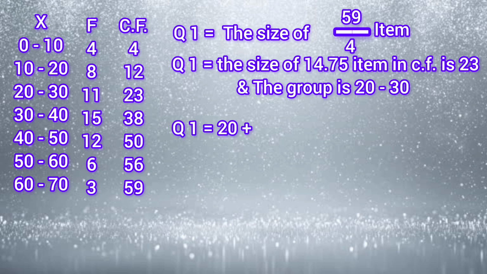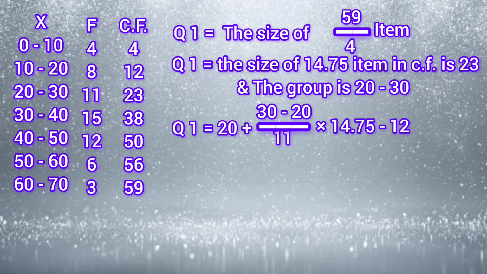Therefore Q1 is equal to L1 20 plus (L2 30 minus L1 20) divided by current group frequency 11 into (quartile 1 item 14.75 minus previous group CF 12). After solving this we get Q1 is equal to 22.5.